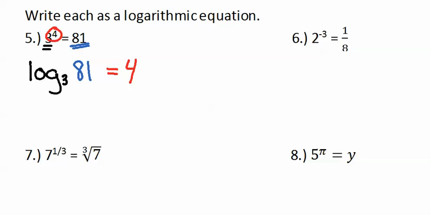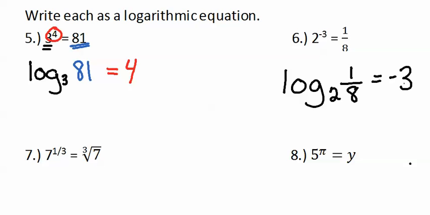I'm going to do the same thing with number 6. 2 to the -3rd equals 1/8. I'm going to do log base 2 of 1/8 equals -3. Again, pause the video for 7 and 8 and write each of those as a logarithmic equation and then check your answers.